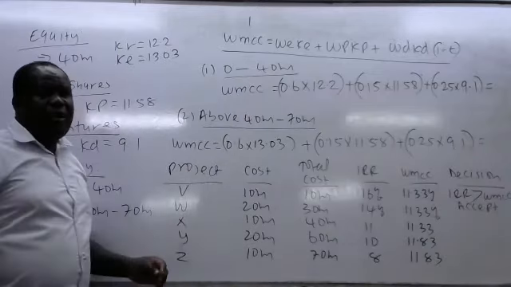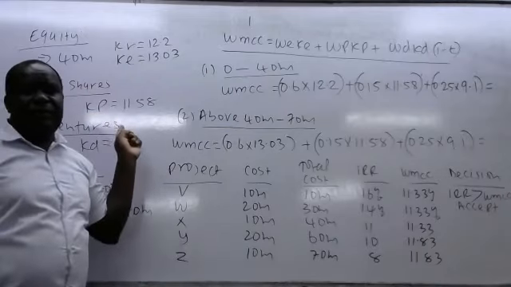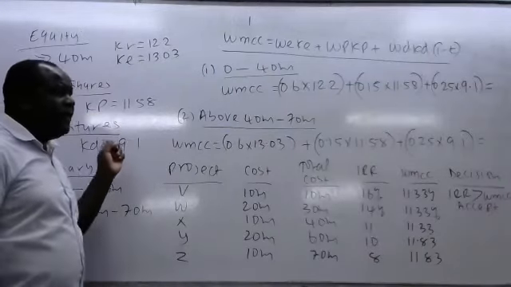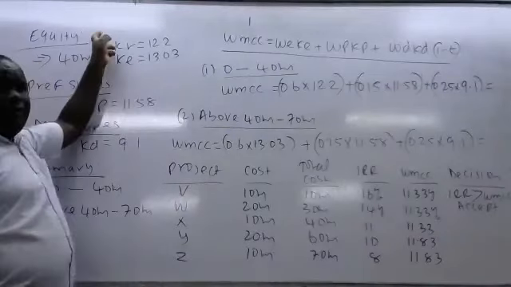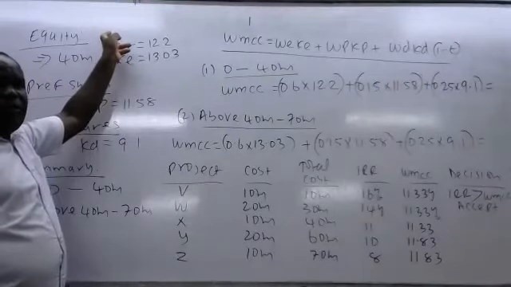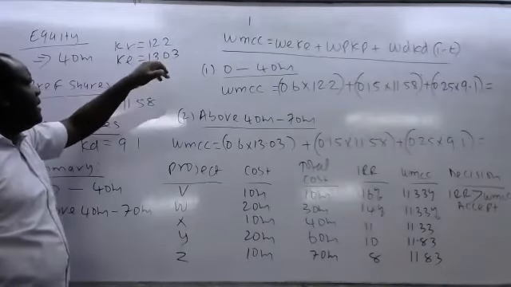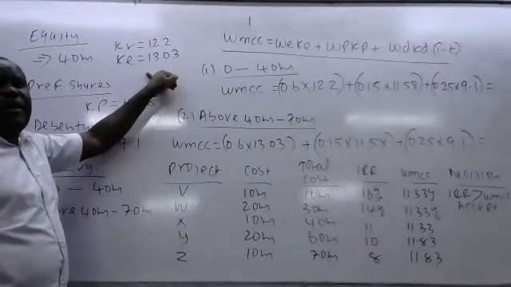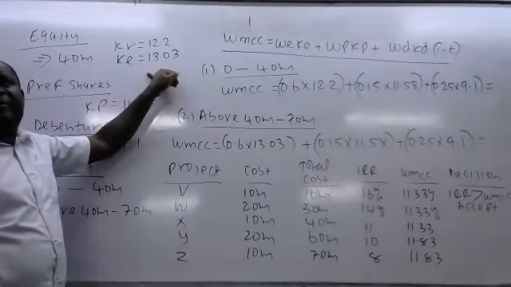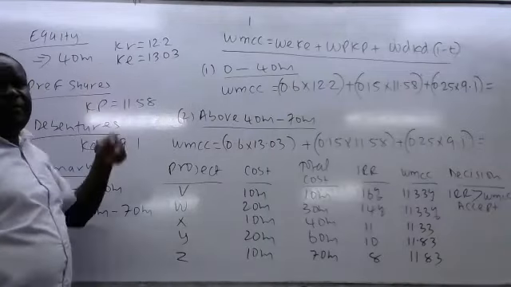So we were to summarize some information at this point. In our summary, I came to equity. Equity had two components. That was retained earnings and what? Ordinary share. Then we had calculated the breakpoint for the retained earnings, which was how much? It was 40 million.